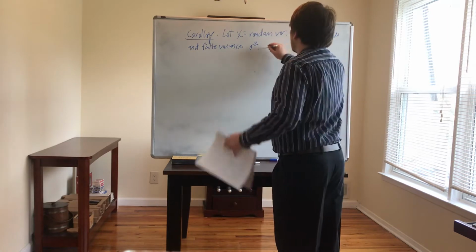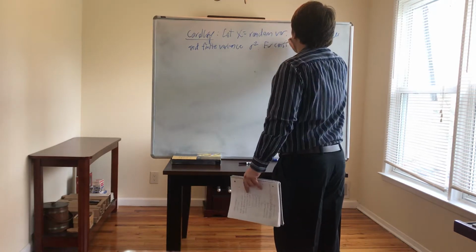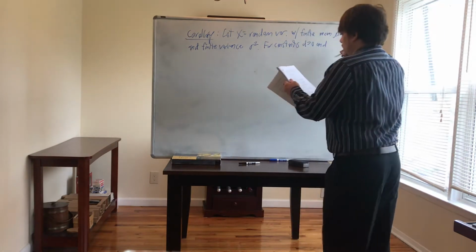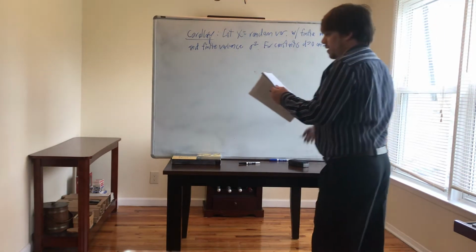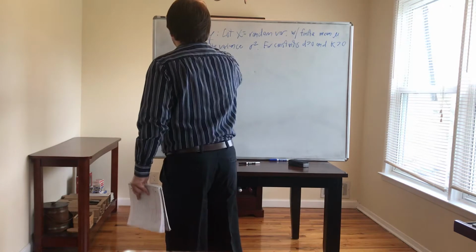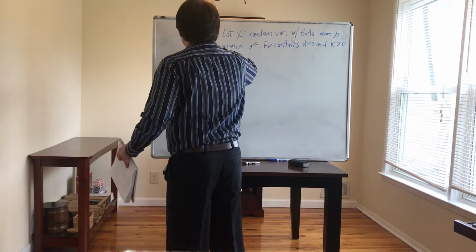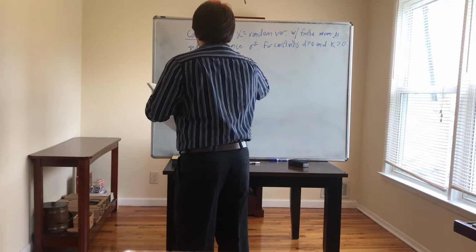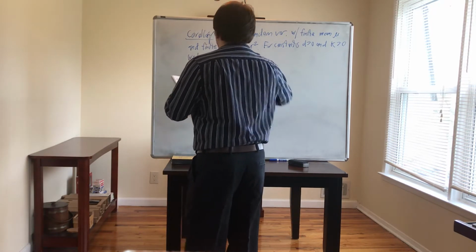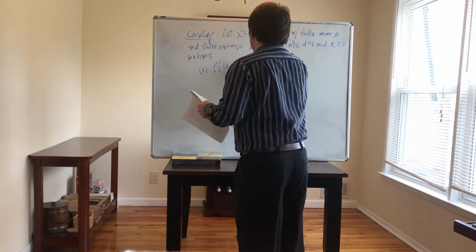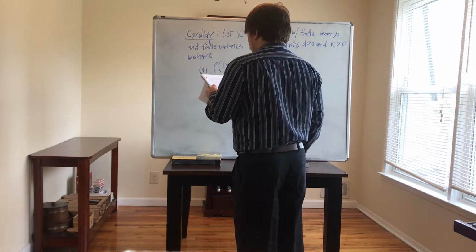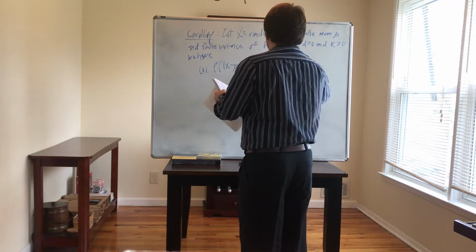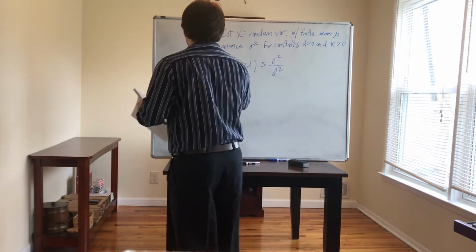For constants d greater than 0 and k greater than 0, we have that (a) the probability that the absolute value of X minus mu is greater than or equal to d is less than or equal to sigma squared over d squared.